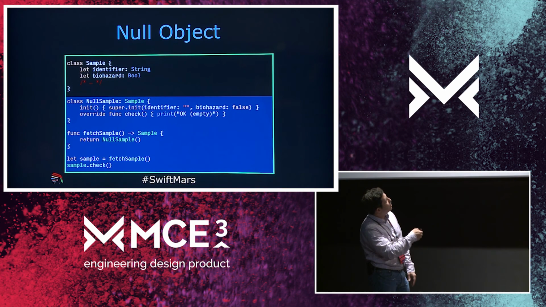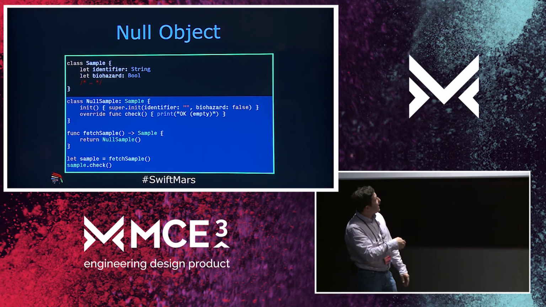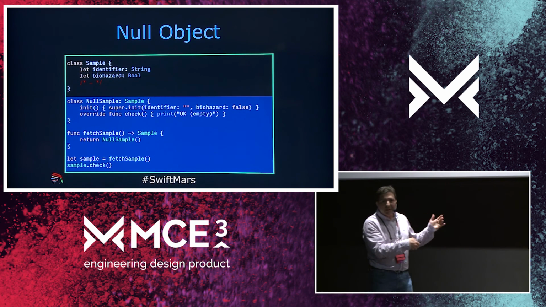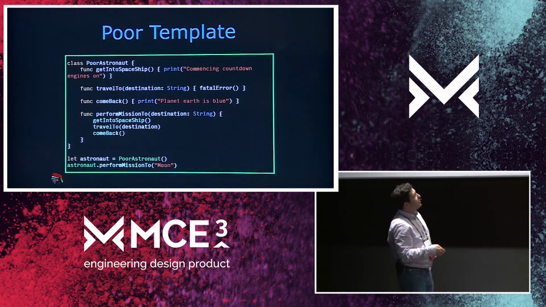In this case, it is a null sample. It is a subclass of the other one, and it has default behavior. So if there is a null value, you can return an instance of this class instead of a nil. And this default behavior will be provided without any optional binding or any change to the code. That is much more readable and much easier to understand.